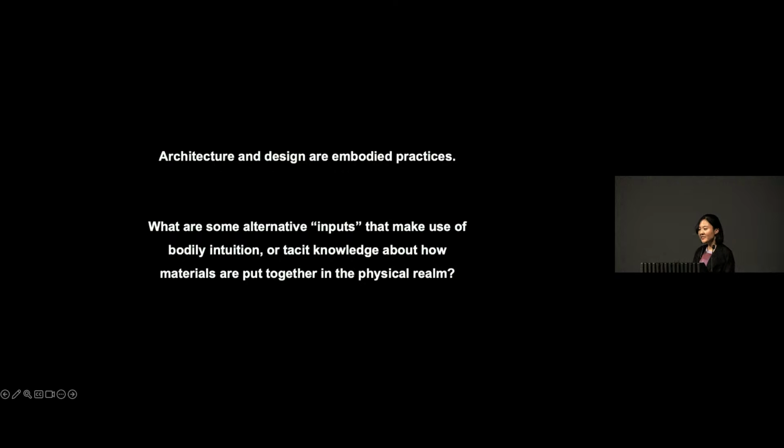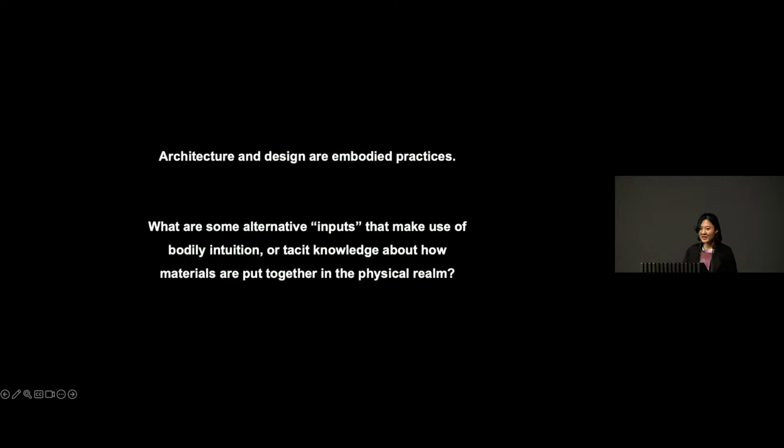Architecture and design are very embodied practices. Designers think through making, learn through material experimentation, and generate knowledge through haptic feedback. As Polanyi said, we know more than we can tell. Much of design expertise is pretty resistant to being written down, and therefore it's really hard for that to become part of the data set going into the generative AI.